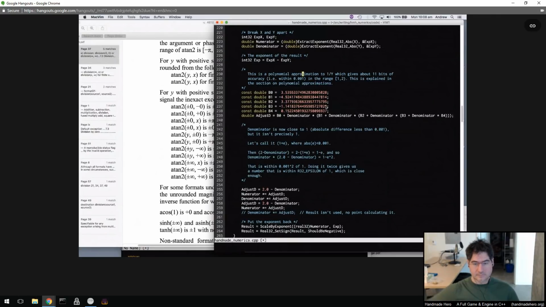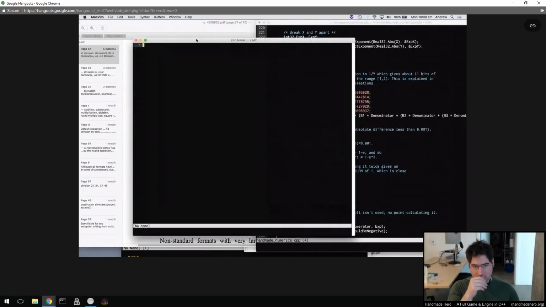And part of the reason why I want to do this is so that you can actually see this is a real algorithm. This is what your FPU does when you ask for one floating point number divided by another floating point number. So the first obvious case here is extract exponent, because once again, if you have m1 times 2 to the e1 divided by m2 times 2 to the e2, then that equals m1 divided by m2 times 2 to the power of e1 minus e2.